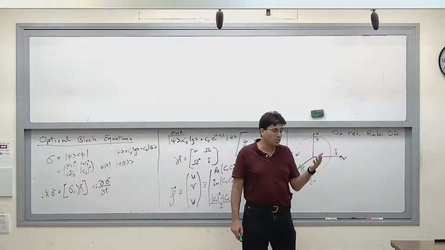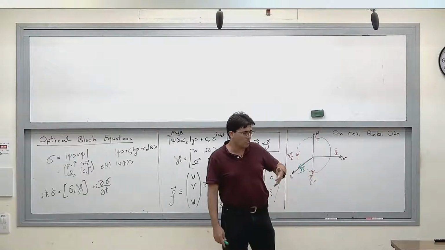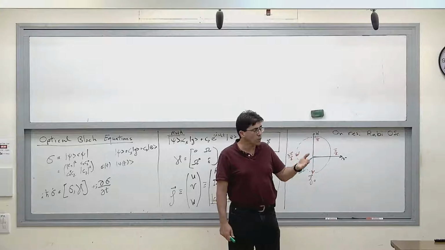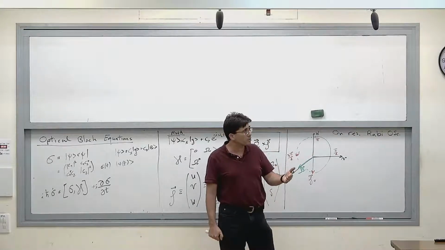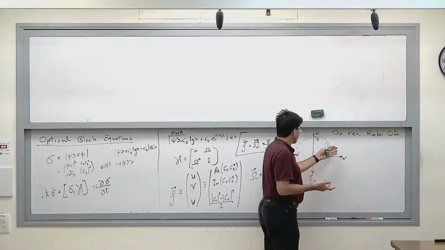You'll see in a moment why. There's a shutter that blocks it from the atom and then lets it in. So it lets the light into the atoms for a time that matches this.